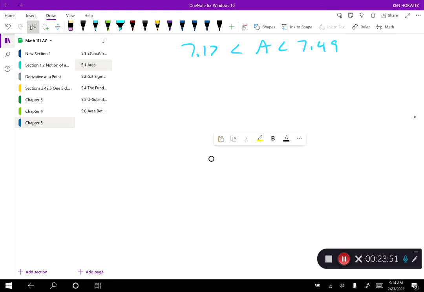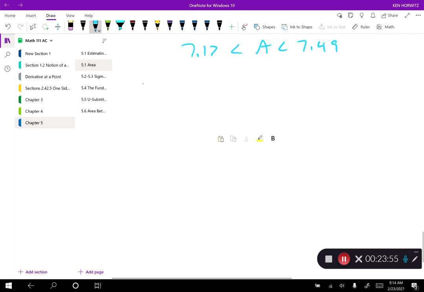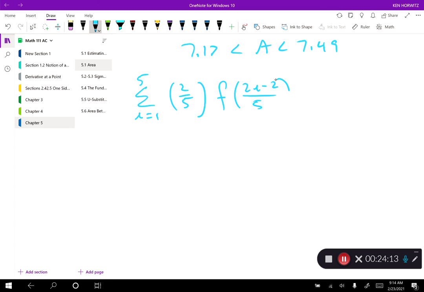However, if you wanted to use summation notation, you could write i equals 1 to 5, because there's 5 rectangles, and our width is 2/5, and our height would be f of (2i minus 2) over 5. This works. So you could write it like this, then you could generate the numbers or use the summation formulas.